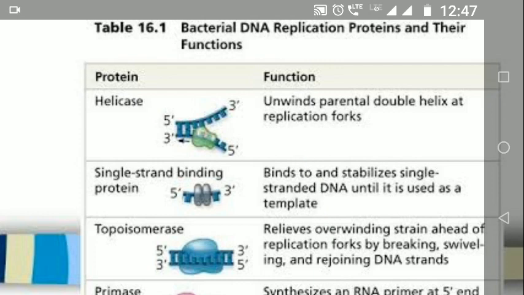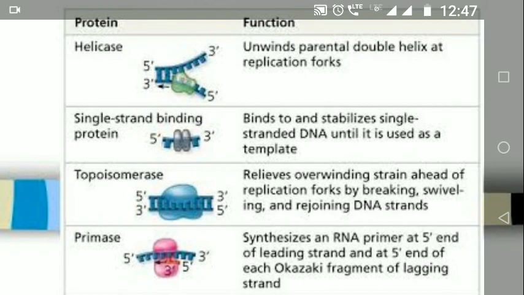So once the strands are separated, they may come back and reassociate with each other easily because of complementary bases on the opposite strands. So what happens to prevent the reassociation of these two separated strands?